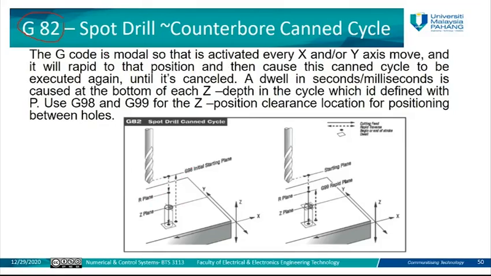Usually such codes, either G81 or G82, or 83, are all modal G codes. So such a modal G code will be activated, and all the coordinates after it will execute the same G code.